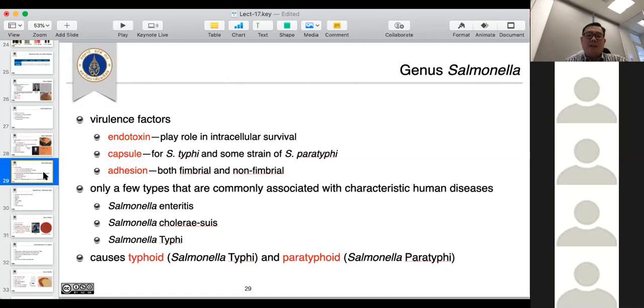That's for attachment. Okay. They cause typhoid for Salmonella typhi and paratyphoid for Salmonella paratyphi. In Thai, typhoid is severe fever. Paratyphoid is ไข้รักษาน้อย.